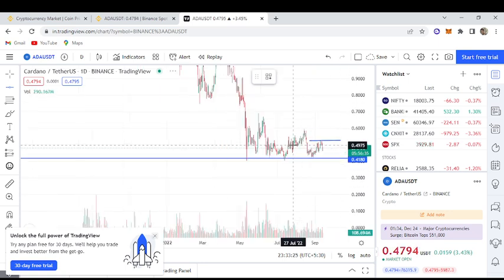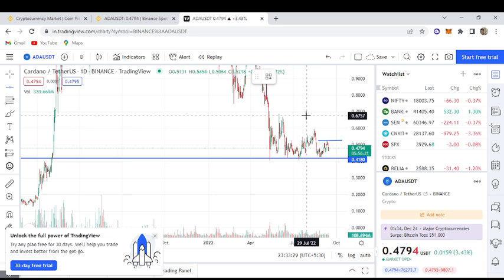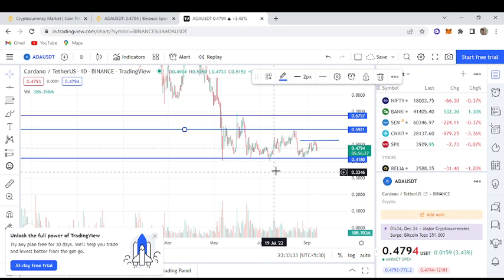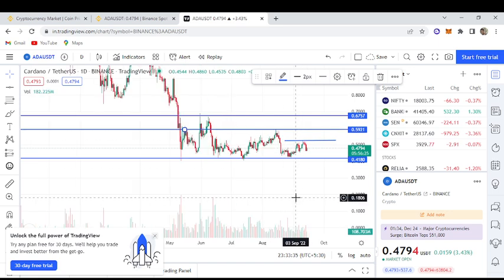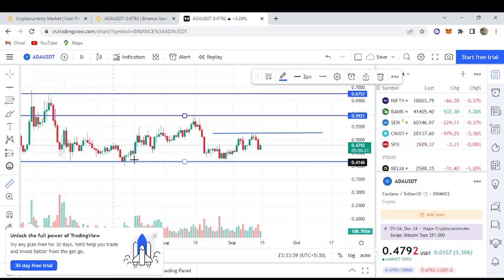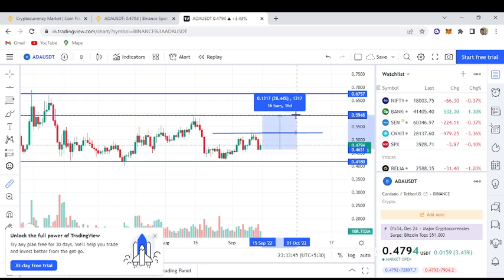Let me see the past. Okay, one is here, and that's a good resistance around 0.05921, which is around 13% plus. This one is around 27% plus.